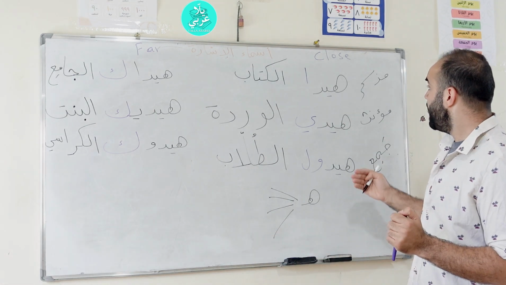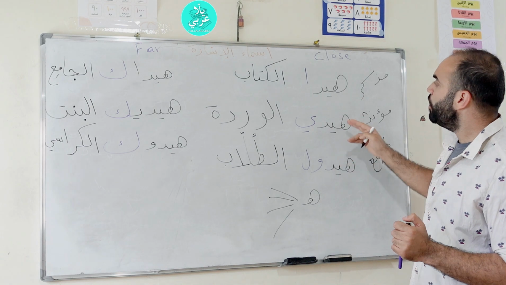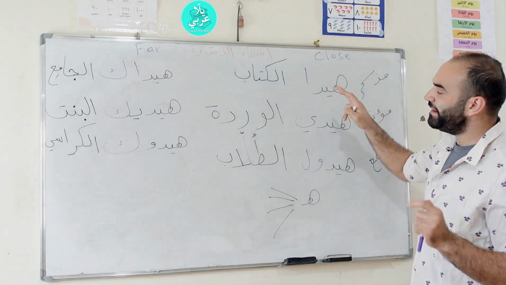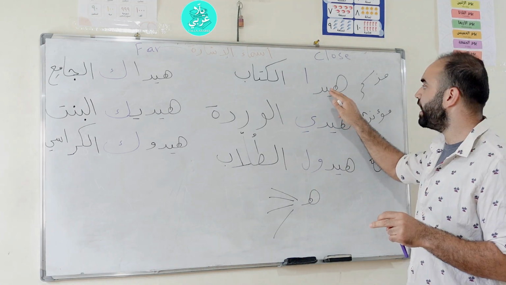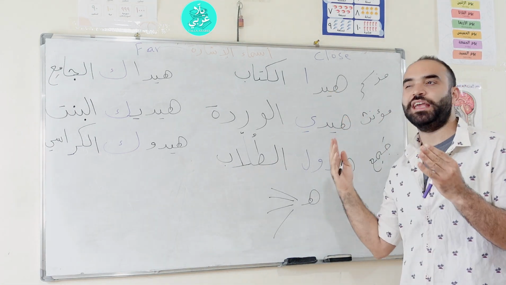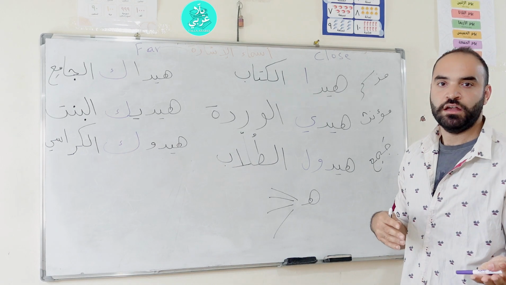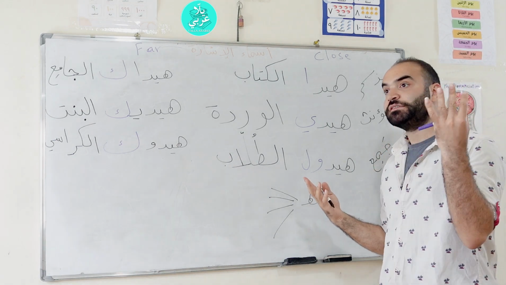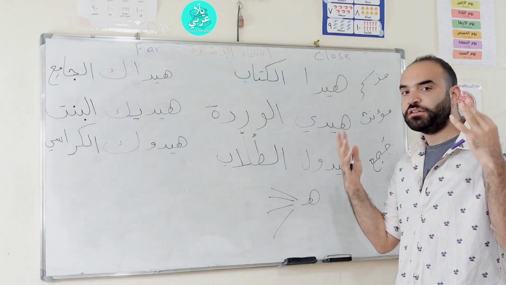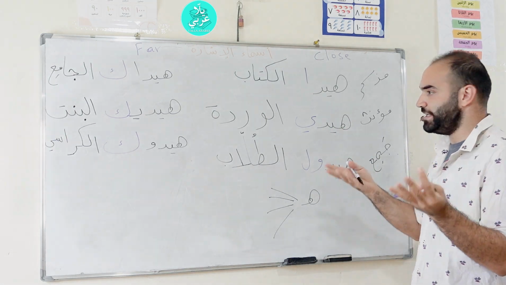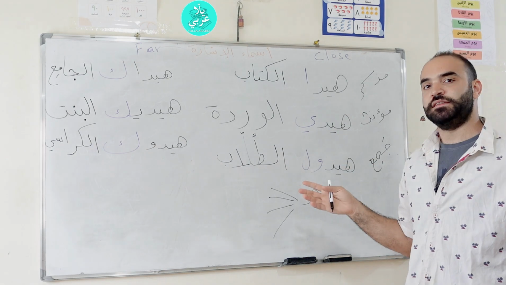So, هيدا, هيدي, هيدول. Of course, depending on the accent, you could say هذا, you take off the E. You could say هيدا or you could say هذا. If you hear either one, just know that it exists, it's just a different accent.